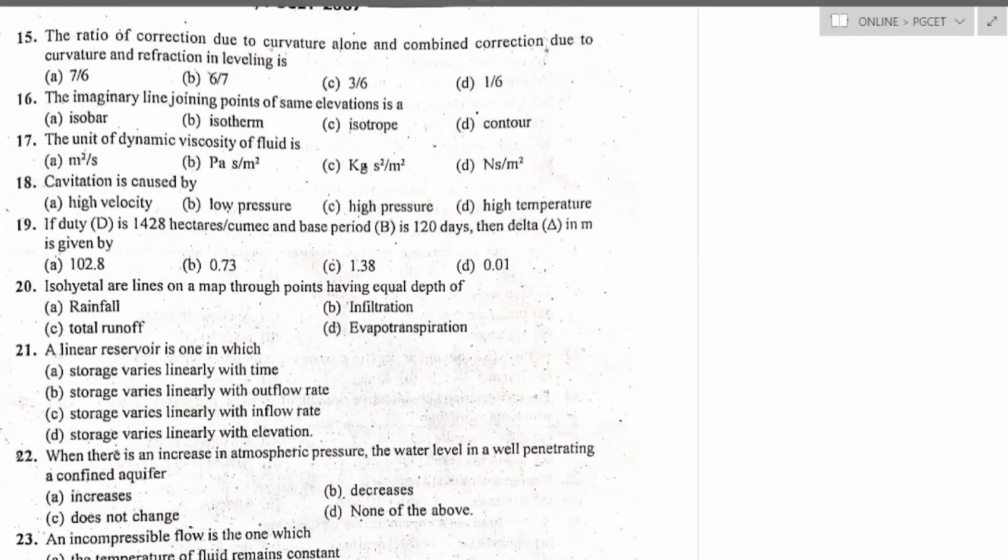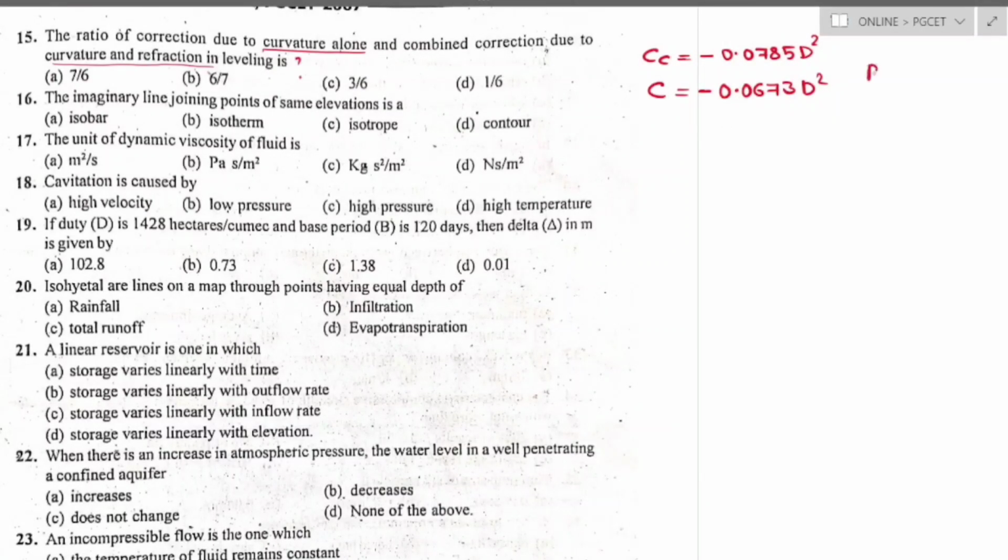Question number 15. The ratio of correction due to curvature alone and the combined correction due to curvature and refraction in leveling is. We know that the correction due to curvature is equal to minus 0.0785 d square, where d is the horizontal distance measured in kilometer, and the combined correction due to curvature and refraction is minus 0.0673 d square.